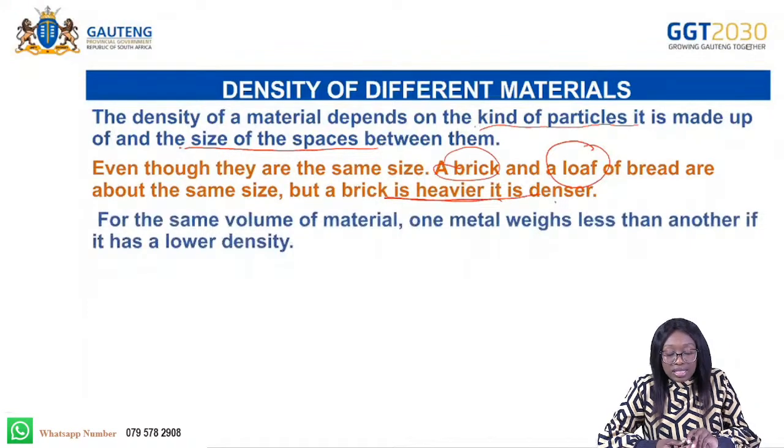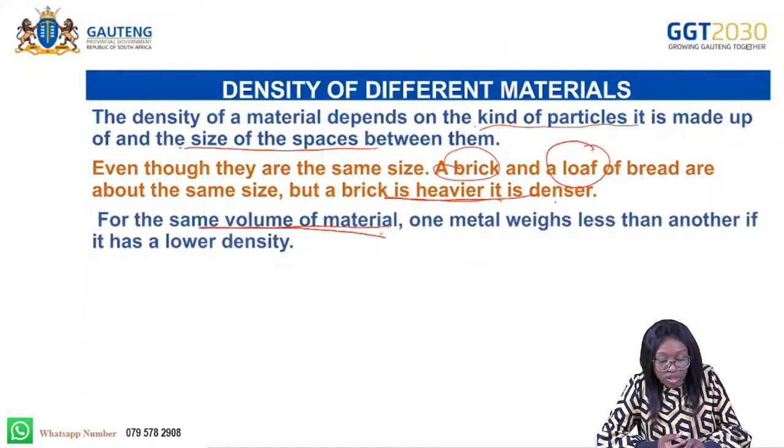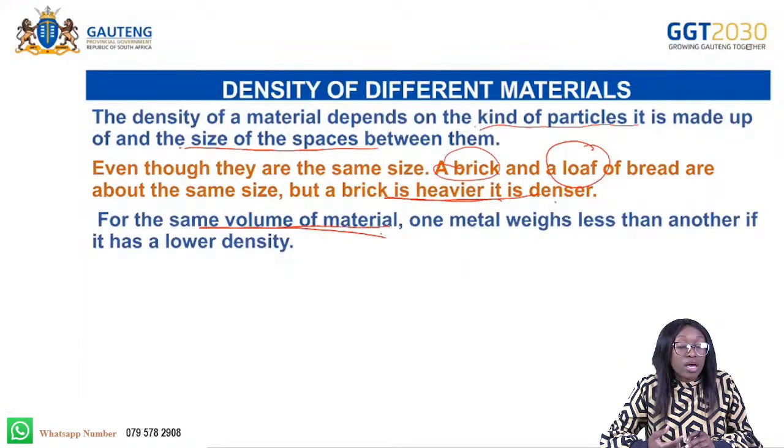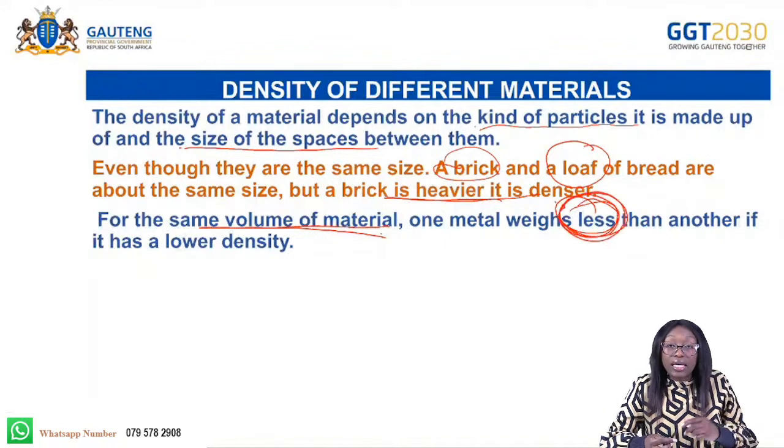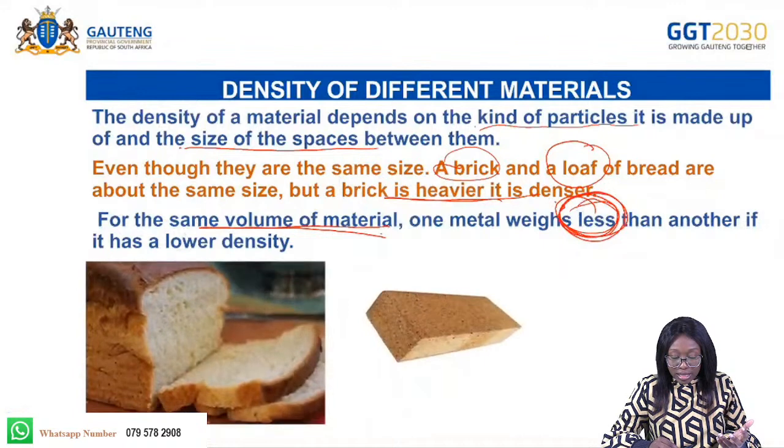So for the same volume of material, your volume is your length multiplied by width multiplied by height, one material tends to weigh less than the other. So if one material has a lesser mass than the other, it will have a lesser density.